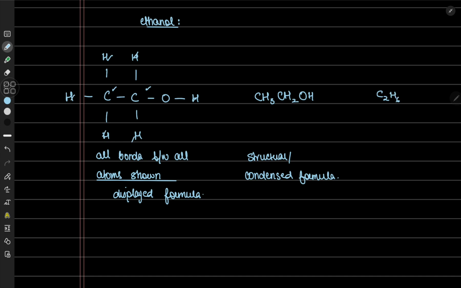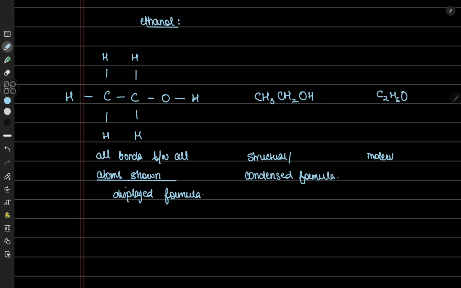There are 6 hydrogens. There's 1 oxygen, right? So C2H6O. Now this is known as the molecular formula. It only requires simple counting, right?